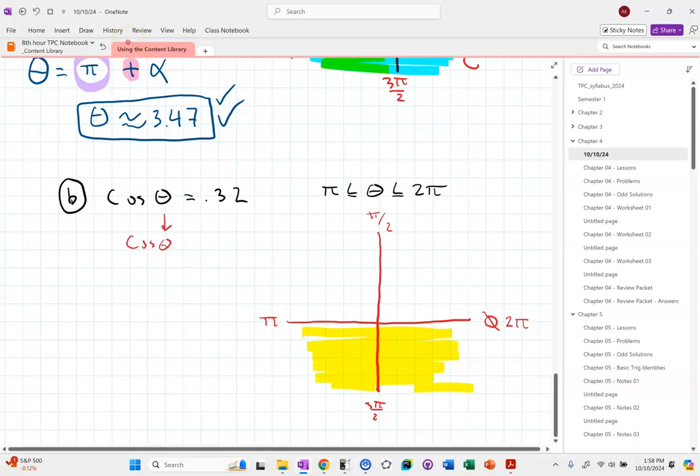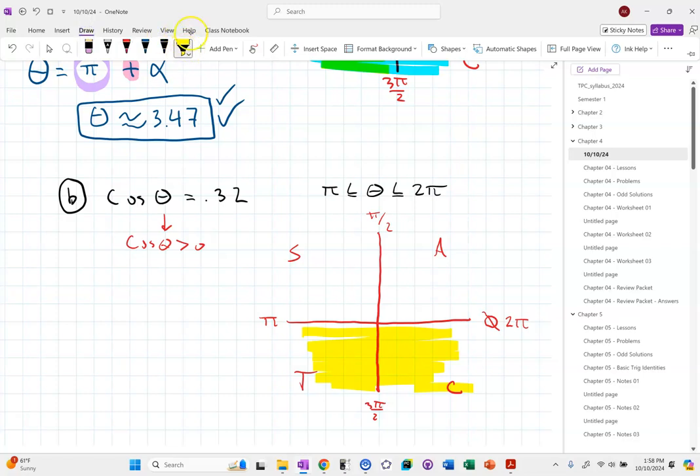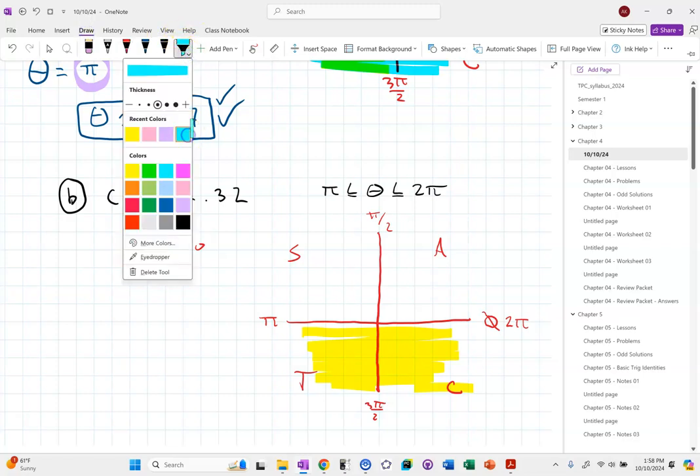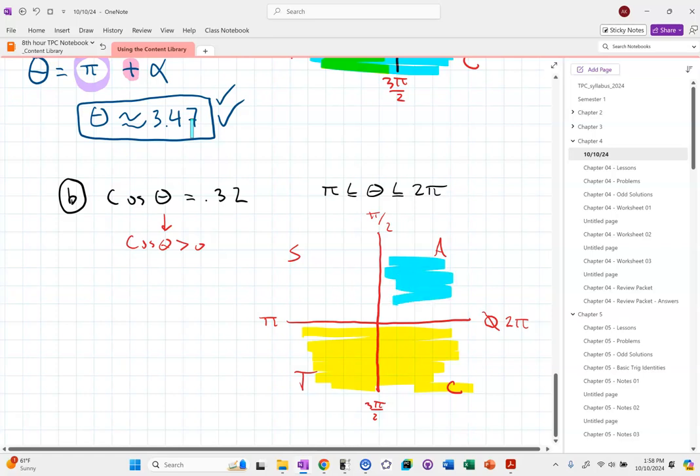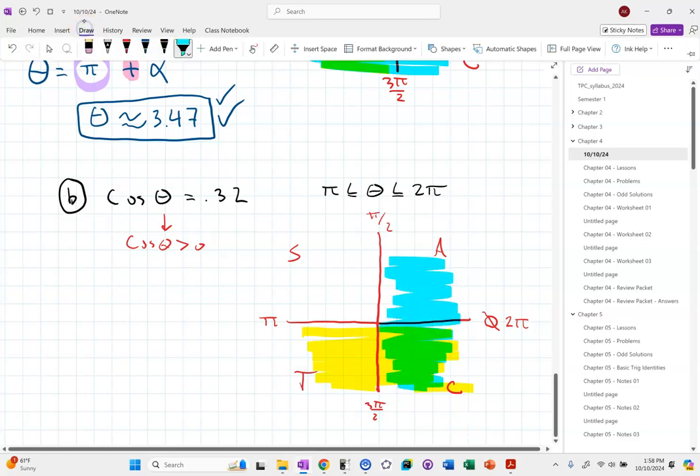Here I notice that cosine is positive. So if I use my All Silly Turtles Crawl, cosine is positive in quadrants 1 and 4. Everybody feel good there?